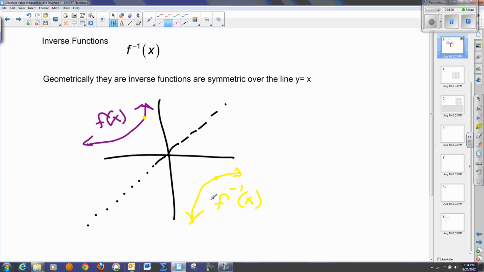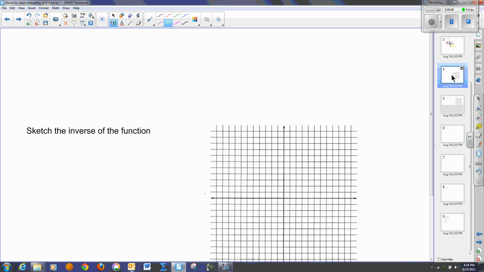Now, what we're going to do is actually sketch the inverse of a function. So I'm going to draw something. I will put a point here, put a point, let's say, here, and put a point over here. Let's call it this.